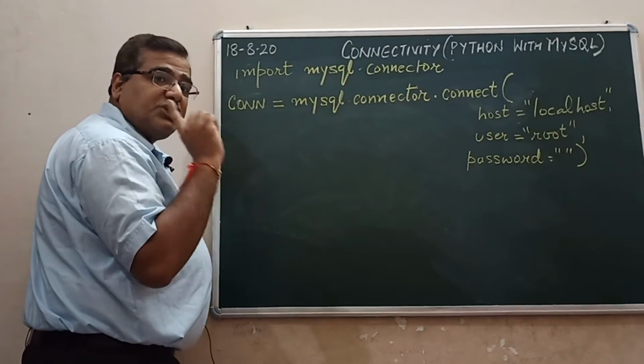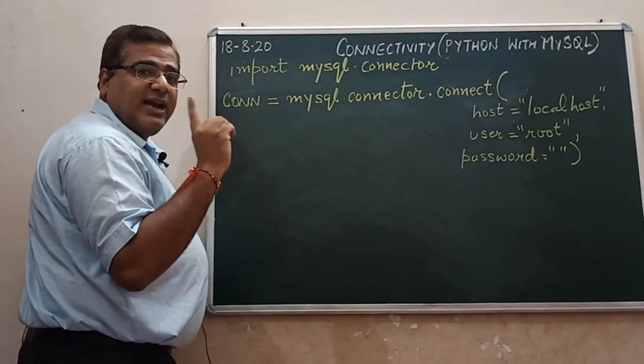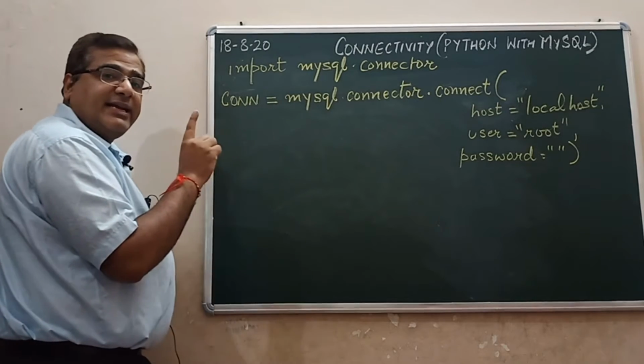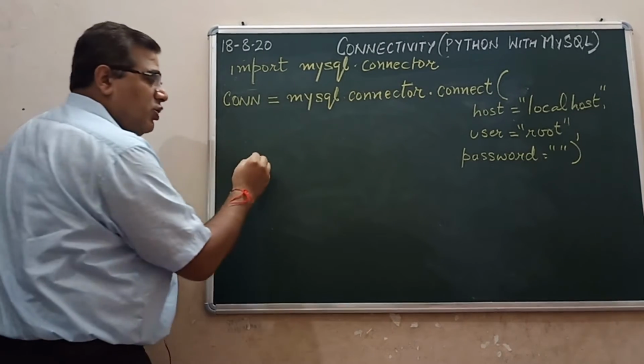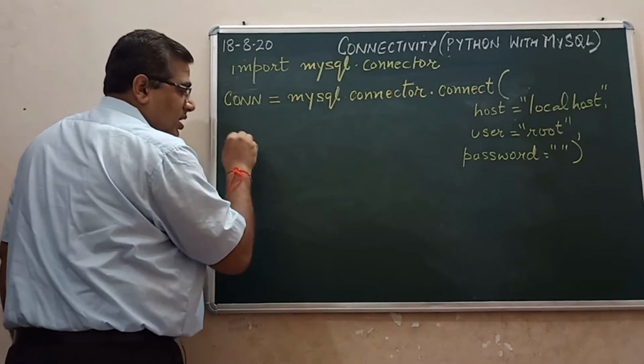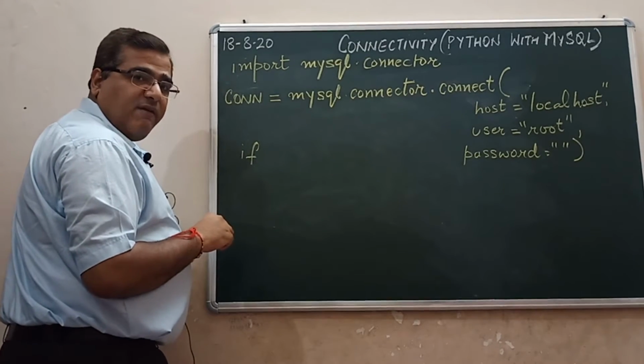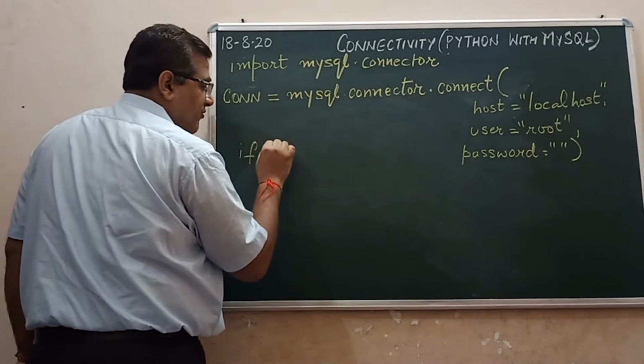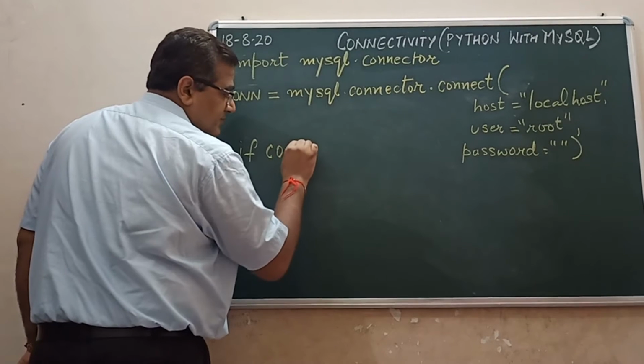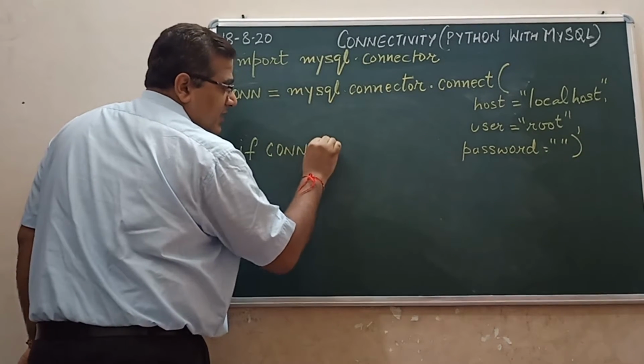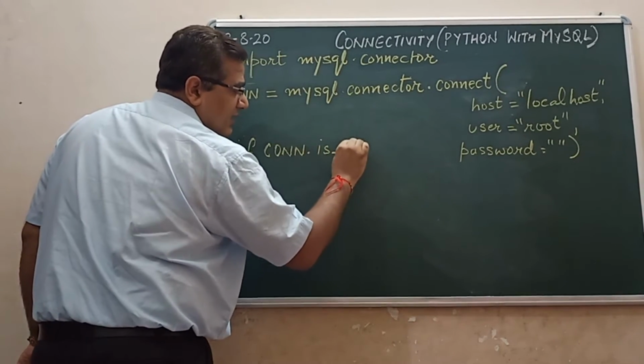Still, if you want to explicitly check whether you have been connected with the database or not, you can give a check via the function: if con.is_connected().